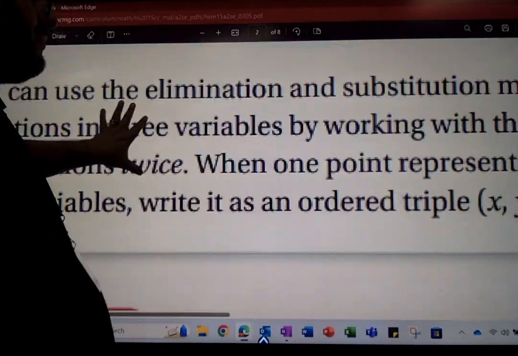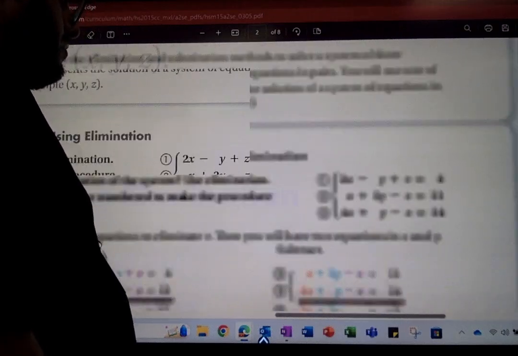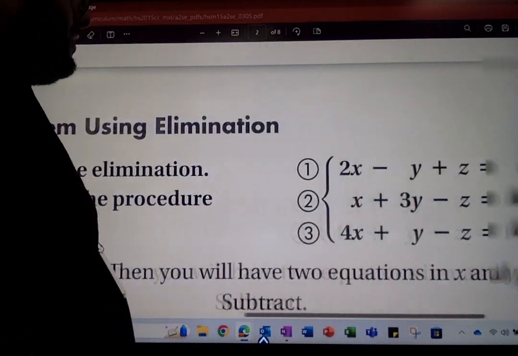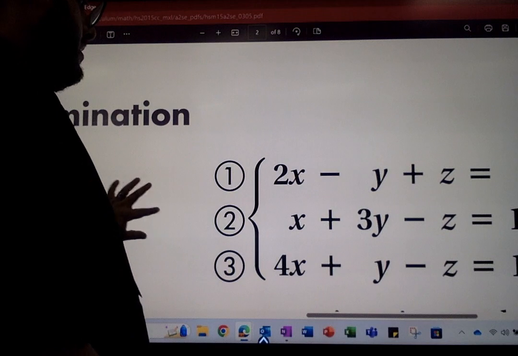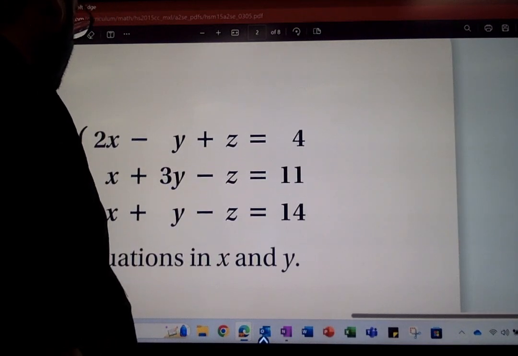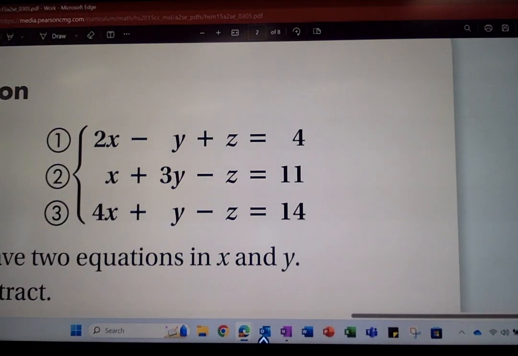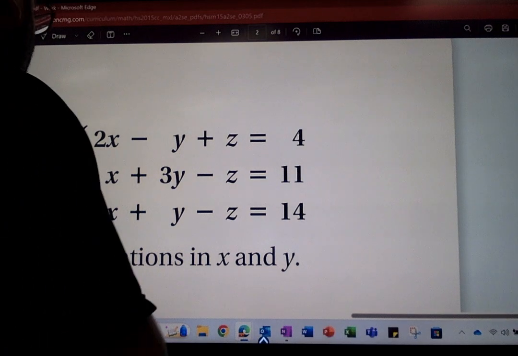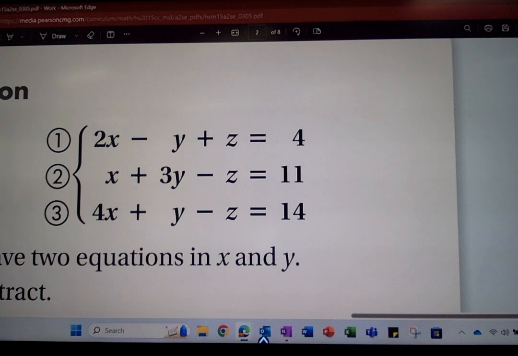Looking at this example right here, we're going to solve this system using Gaussian elimination. I have 2x minus y plus z equals 4, x plus 3y minus z equals 11, 4x plus y minus z equals 14.